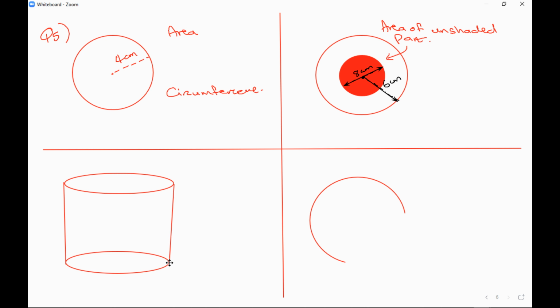And we have a cylinder, supposed to be a cylinder. I'm told this is the diameter here, this is the diameter here.